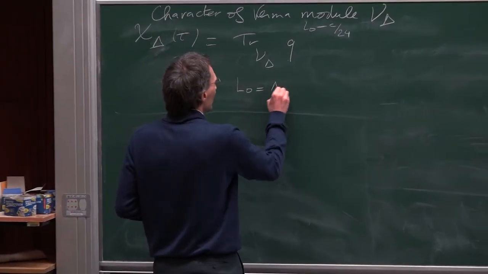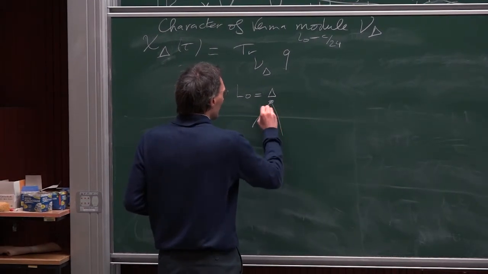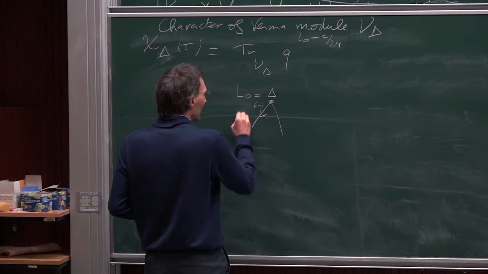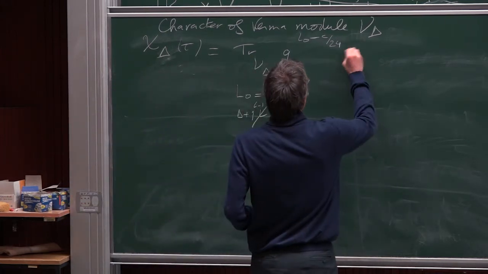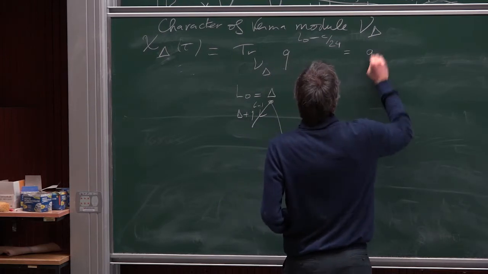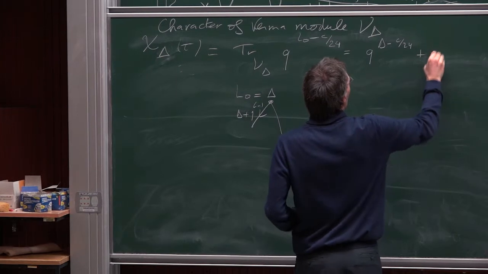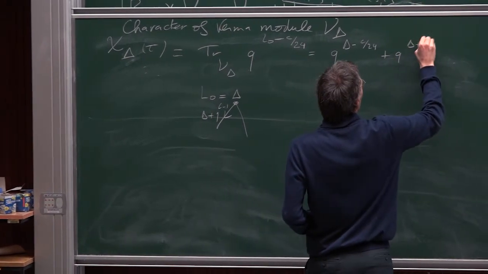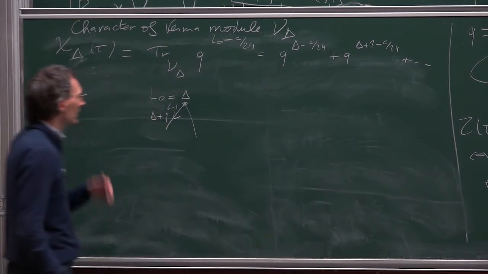Well, we have delta for the primary state, and then if we act with L minus 1, we get delta plus 1, of course. So this starts with q to the delta minus c over 24 plus q to the delta plus 1 minus c over 24 plus some corrections.